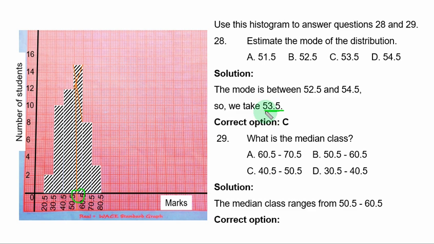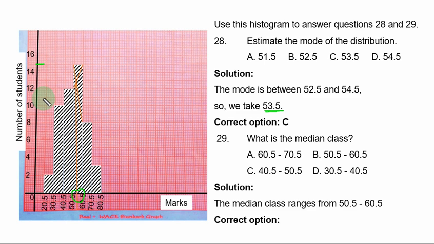Now median. Okay, question 29. What is the median class? Median divides the distribution into two equal parts. So let's try and get the median class by considering 15, the highest bar. You divide it by 2.